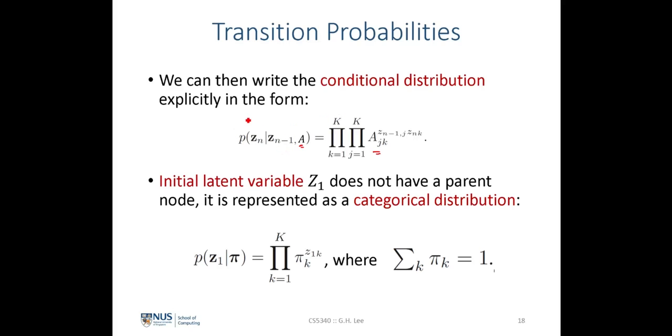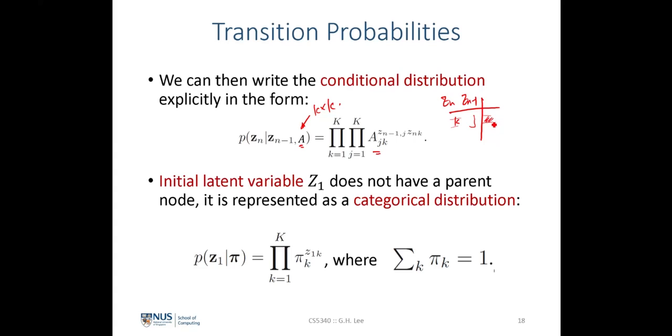Now this is obviously a k by k table, a k by k distribution over here, which we can write as Zn and Zn minus 1. Now suppose that Zn is going to take a state of k, which means that I'm going to look at the kth entry of Zn, as well as the jth entry of Zn minus 1.